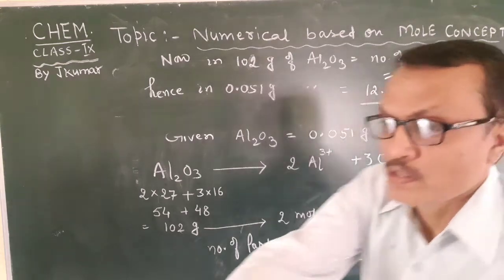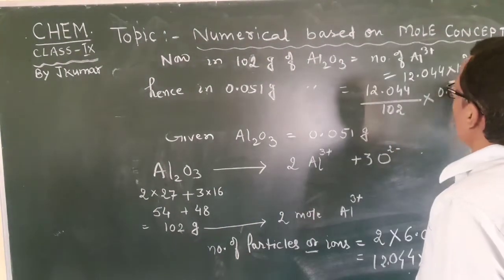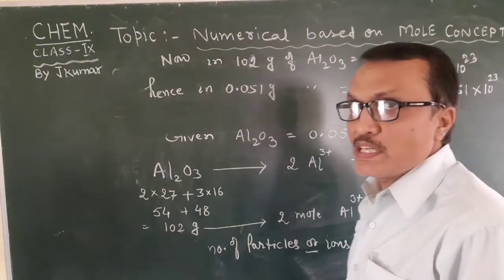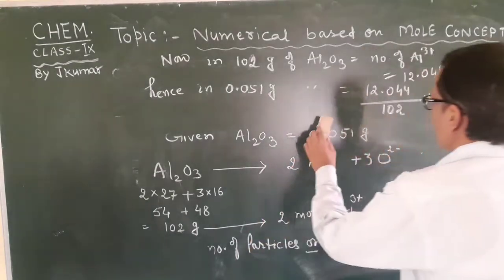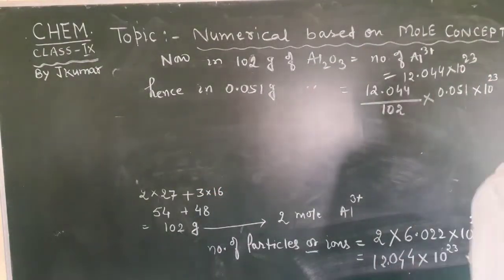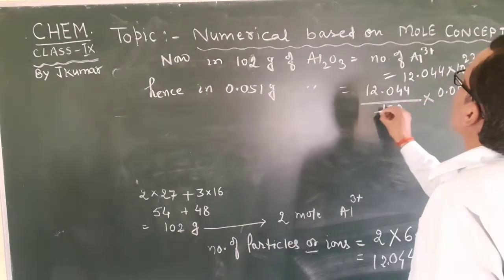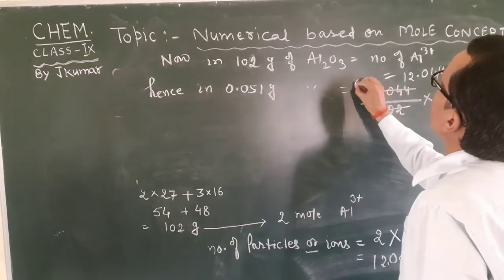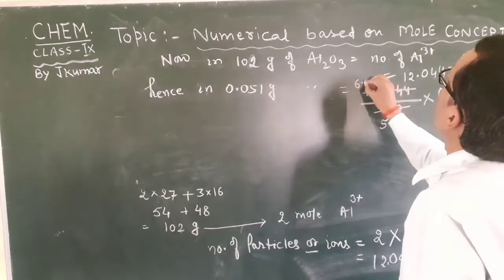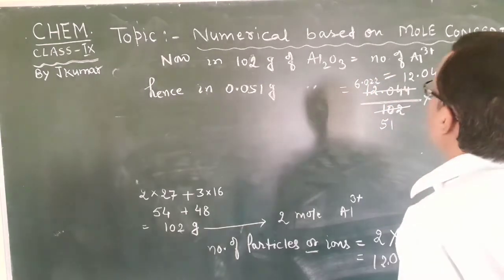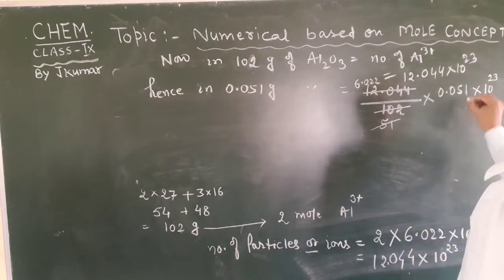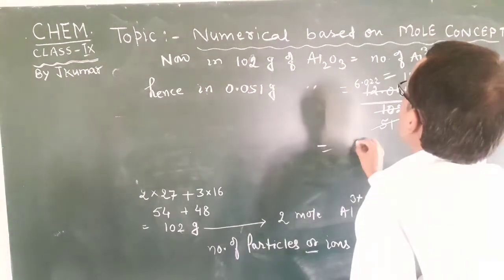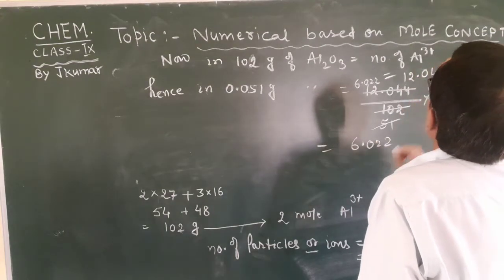Now students, we have to solve this problem. If we solve it, you will get the answer to this question. Here, 2 fives are 10, 2 ones are 2, 2 sixes are 12, 2 twos are 4. And now students, this 51 and this 51 will cancel out. So what will be 6.022?